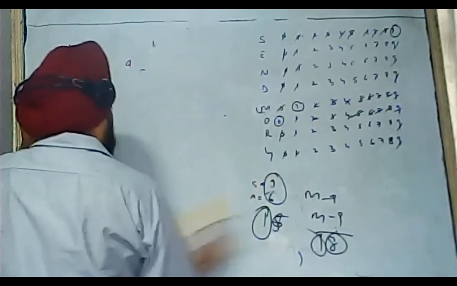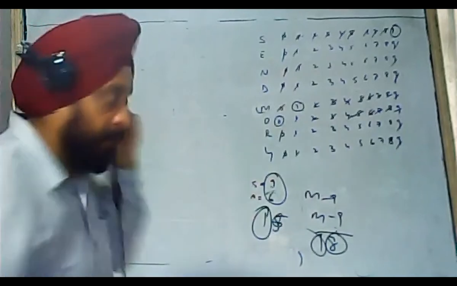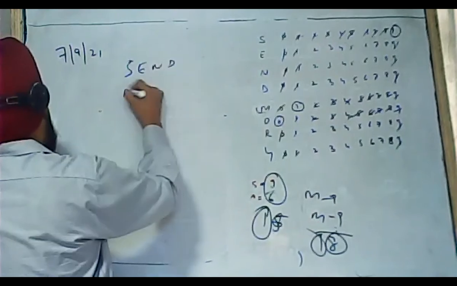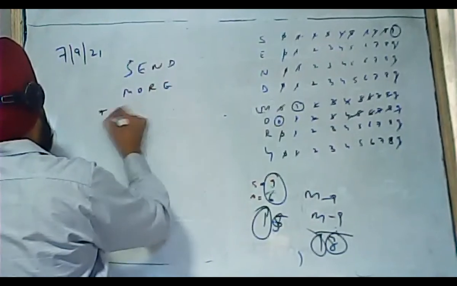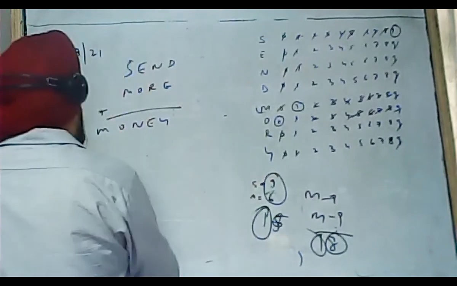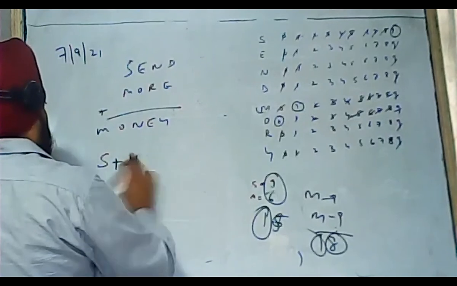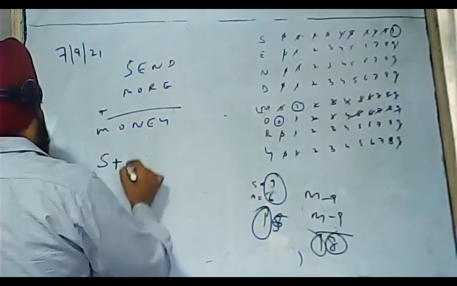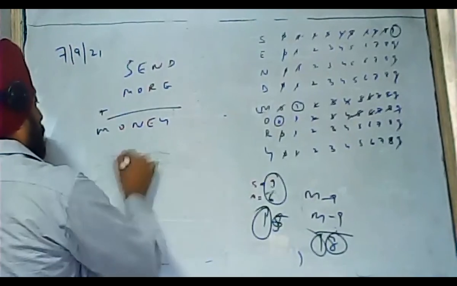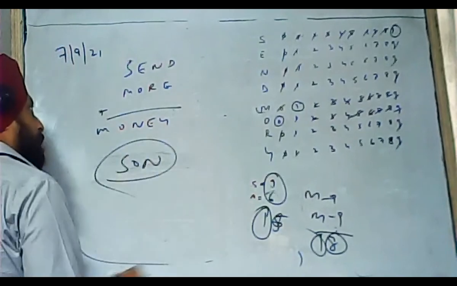After this, once you solve SEND plus MORE equals MONEY, you can also be asked what is the value of S plus O plus N. What is the value of SON?